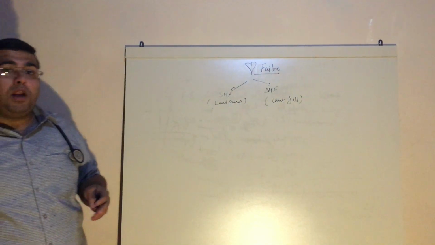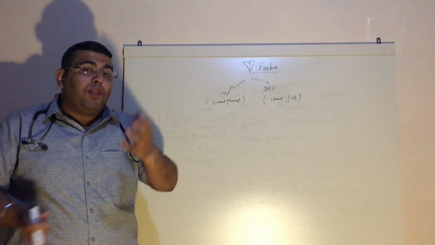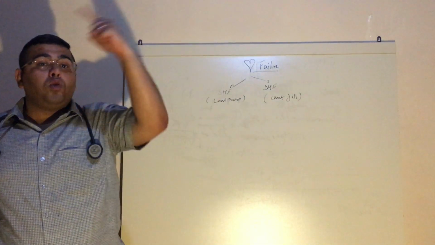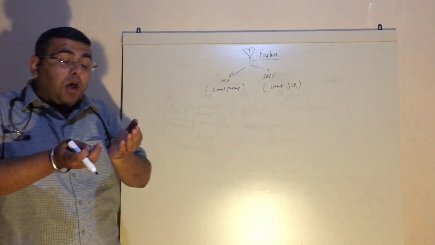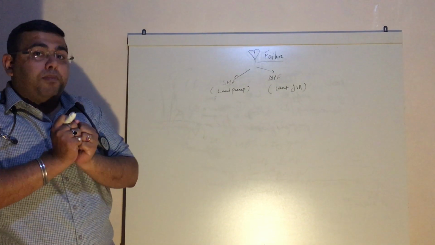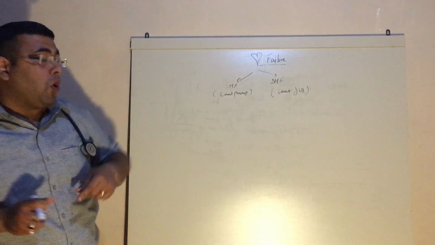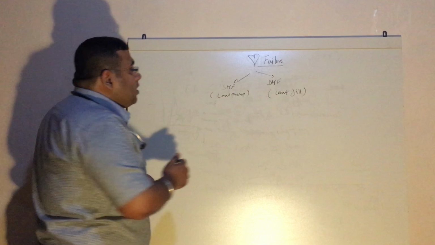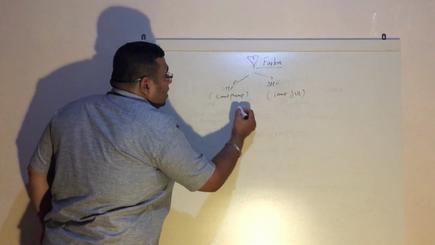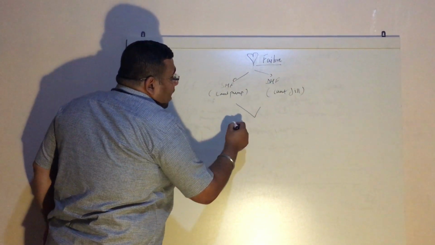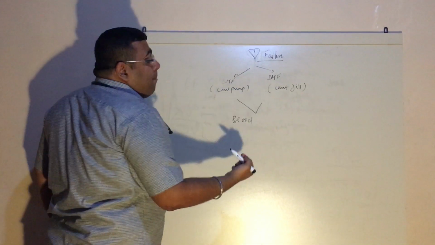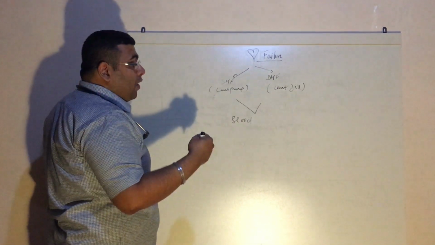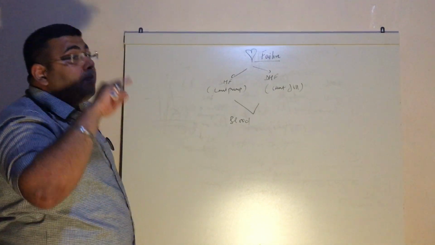In systolic heart failure, the systolic function, when the heart contracts and sends the blood to the whole of the body, is compromised. And in diastolic heart failure, the heart cannot fill the blood properly and send it to the whole of the body, right? So when there is a systolic or a diastolic heart failure, because of compromised pumping or compromised filling, the blood is not able to go to the other parts of the body.